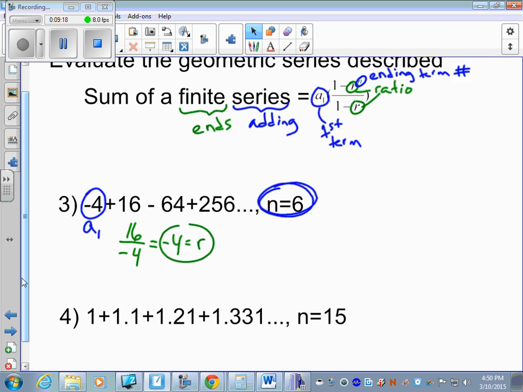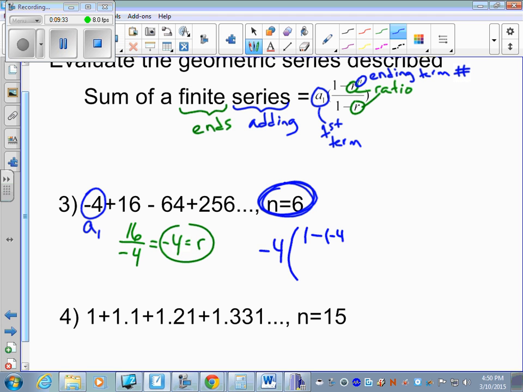So to use the formula, we have first term, -4, times in parentheses 1 minus r, which is (-4), raised to the nth power, so 6 is n, over 1 minus r again. I'm putting -4 in parentheses because minus and negative gets kind of confusing with 2 negatives next to each other.